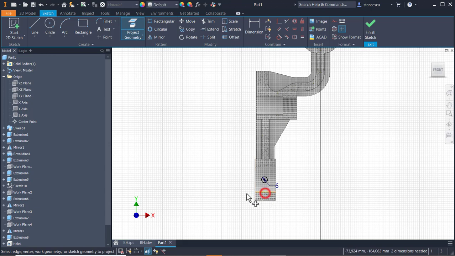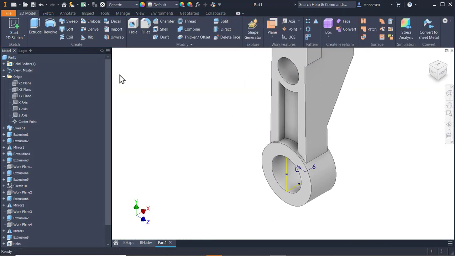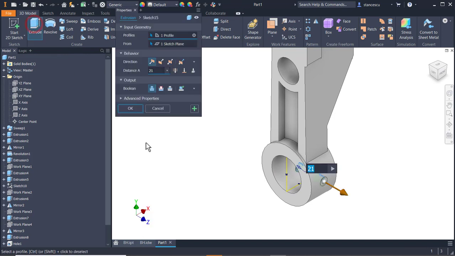I project this and this. Same horizontal between the center and the center point. Same vertical between the center and center point. Finish sketch. Extrude. Symmetrical all the way, but with cut.